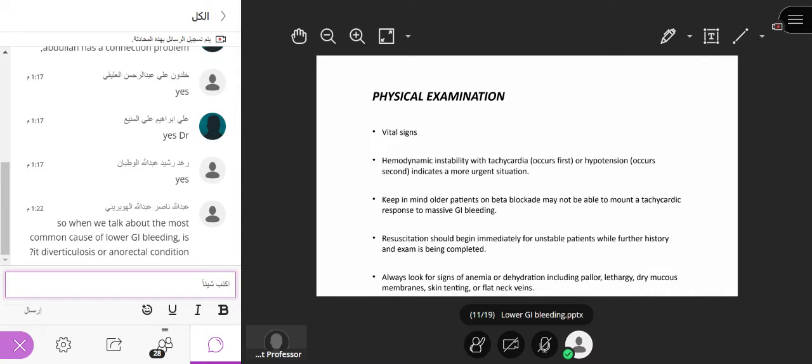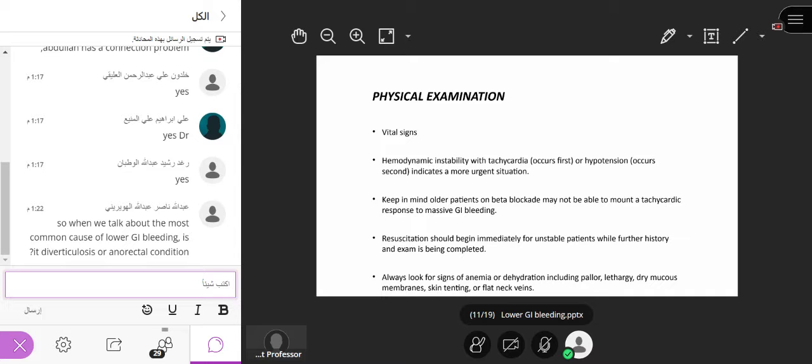How do you examine such patients? Multiple causes, multiple findings. If you know how a gastric ulcer may present, how carcinoma colon may present, how inflammatory bowel disease can present, and how cirrhotic patients can present, then you will ask the right questions and come to know the cause of the bleeding.